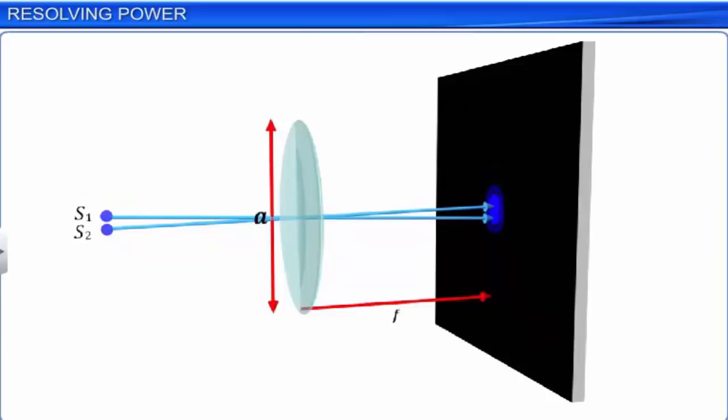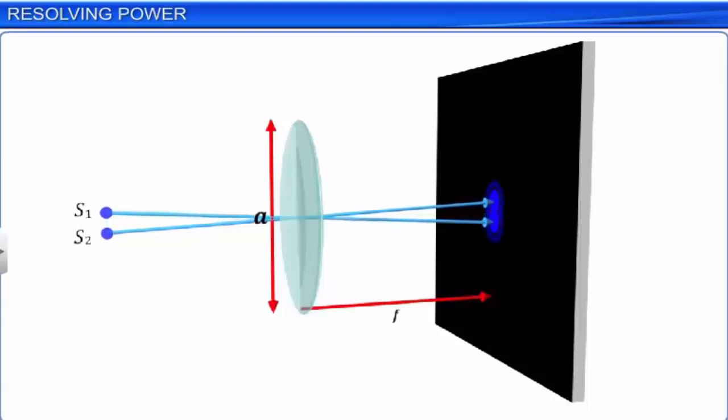These two images are said to be unresolved. If the two sources S1 and S2 are moved apart, the centers of their image disks also move apart. For sufficient separation, one can distinguish the presence of two disks in the pattern. In this case, we say that the two point sources are resolved.